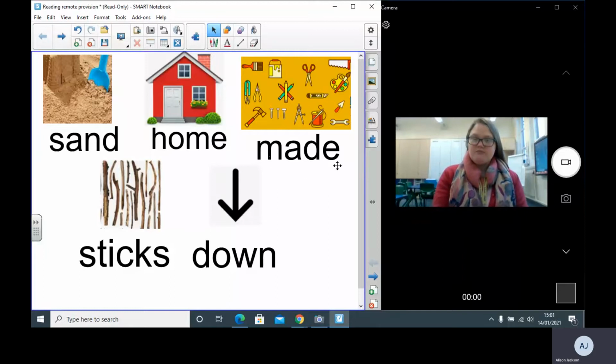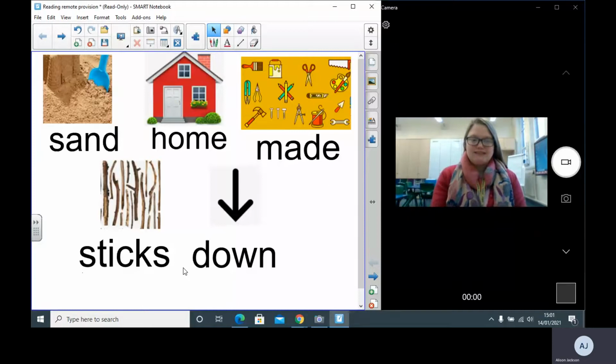When you use the word made, it's when you've already made something. So for example, I made some chocolate cake and gave it to my friend. So I've already made it. If I'm going to make chocolate cake, I would say I'm going to make some chocolate cake soon, okay?